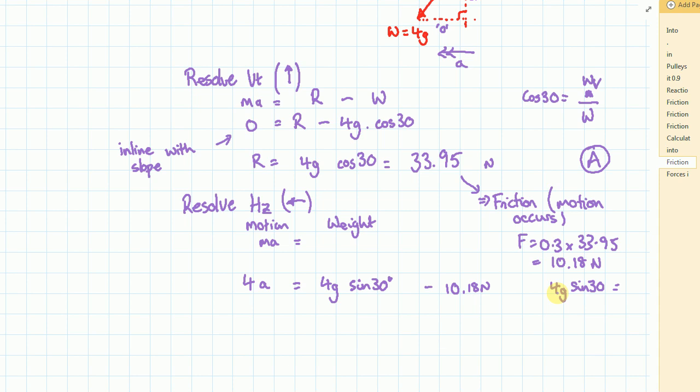Forgot the 4. So 19.6 newtons. Hence, we've got motion. So 4a is equal to 19.6 newtons minus the 10.18. Let's store that back in A now.